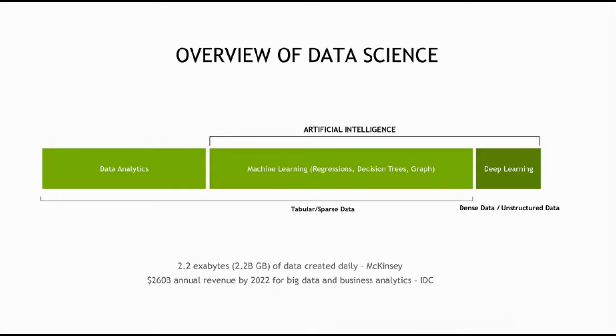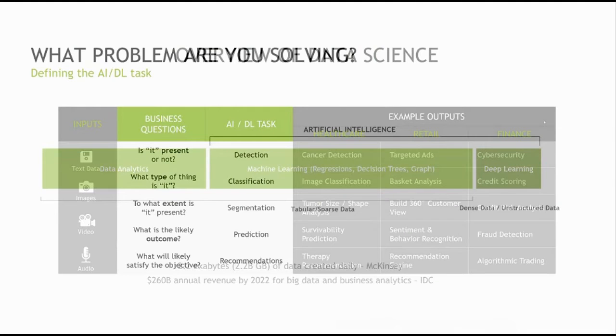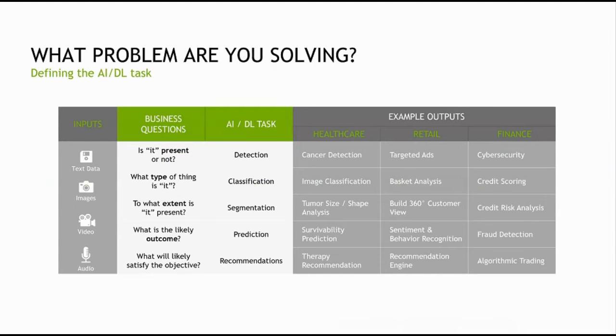So we are going to see how deep learning plays a very important role for dense and unstructured data, right? So with this, the first question that we need to ask, right? Because we are not using machine learning just because it's a trending field, right?